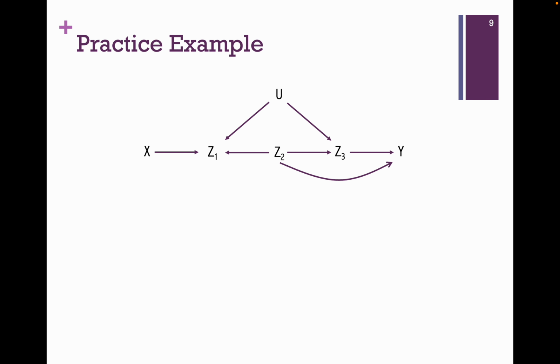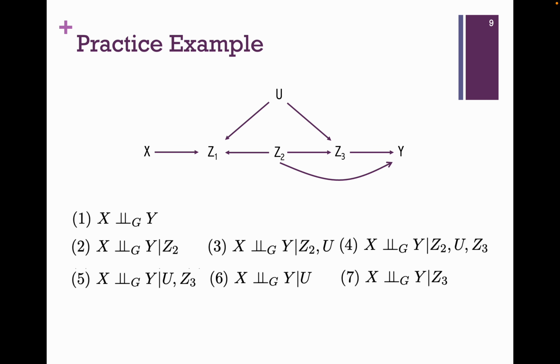So now that you have the basic concepts, let's practice a bit. So here we have a causal model, and we want to know whether x and y are d-separated. Well, first of all, because all paths from x to y go through z1, and z1 is a collider along all paths, we already know that x and y are d-separated. Additionally, they're going to remain d-separated conditional on any set that does not include z1.